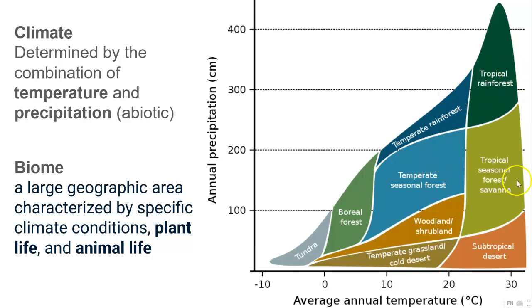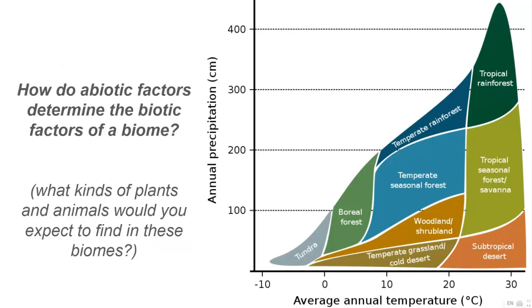There are several of them listed here, and they are characterized by specific climate conditions, plant life, and animal life. So back to our question, how do abiotic factors determine the biotic factors of a biome? Well, these are abiotic factors, right? Precipitation and annual temperature are the 2 main abiotic factors that determine what kind of biome it becomes, and therefore what kind of animals can live there.